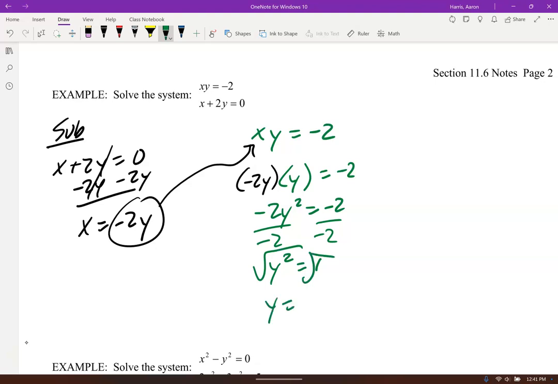So y could be plus or minus the square root of 1, which is 1. Okay? So since we have two values of y here, if y is 1, I could plug it into either of those, x is negative 2y, or xy equals negative 2.